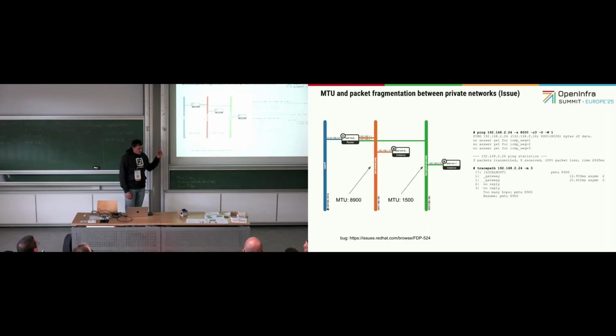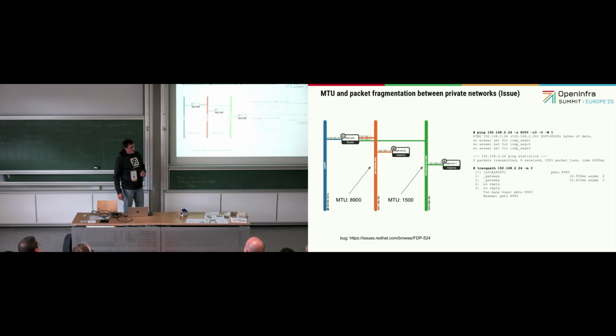Another problem that we faced: if you have two private networks connected to the same router, and the router is supposed to route between these two private networks, different subnets, but these two private networks have different MTU, it will not work on OVN, because OVN is not actually providing good packet fragmentation.